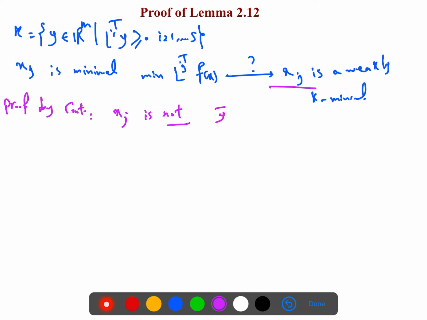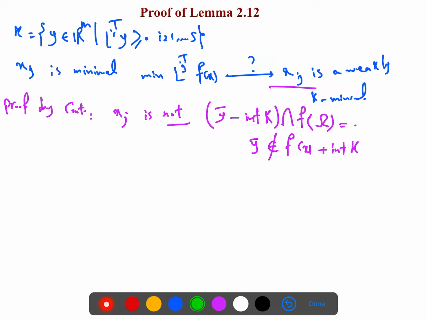And it means that y bar minus interior of k, intersected with f evaluated on the decision space, is empty. And so we can say that y bar does not belong to f of x plus interior of k. And then I say, okay, so f of xj bar is inside f of x plus interior of k, because I'm doing proof by contradiction.